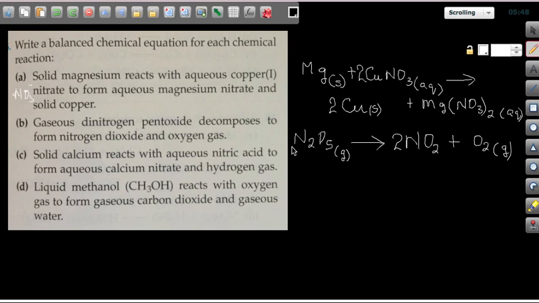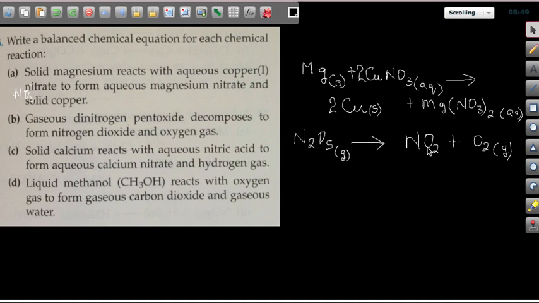So we need to do some work here. Let's keep trying. So the 2 nitrogen is not going to work. We remove the 2 and try another number here. So let's see what's happening with the oxygen here. You have 4 here and you have 5 here.